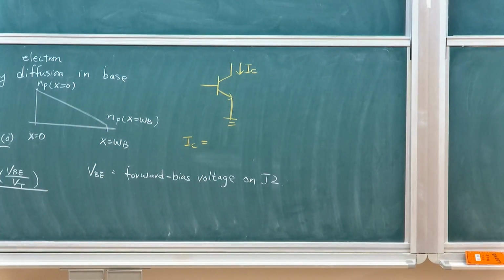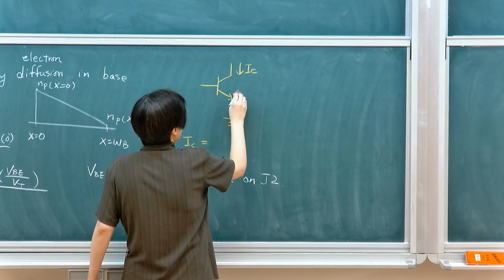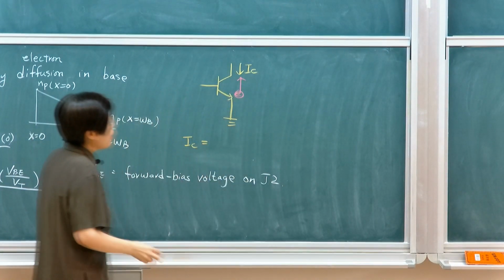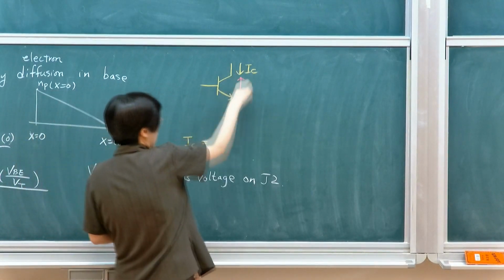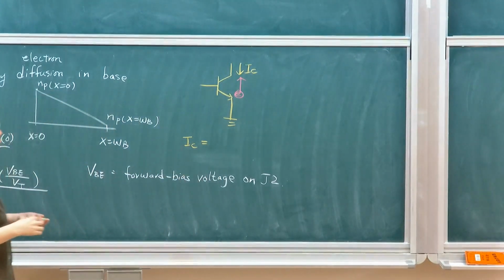Let me highlight again. Electrons diffuse from emitter to collector, which is the main collector current. Electrons going in that direction, current is going downwards. Therefore, collector current is positive.